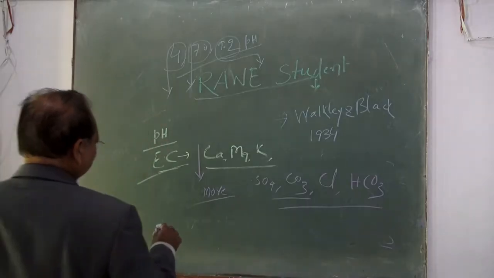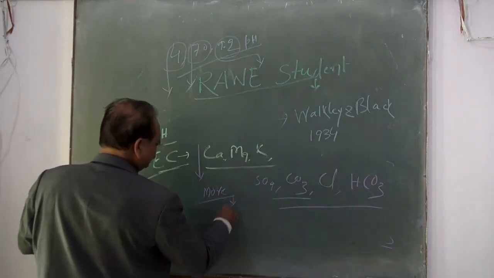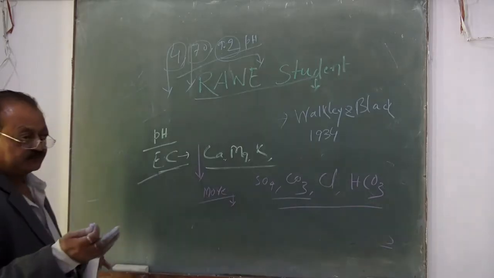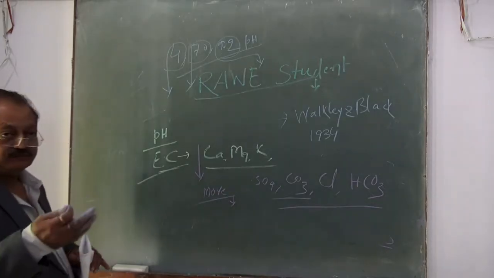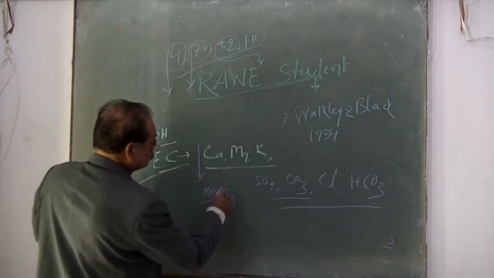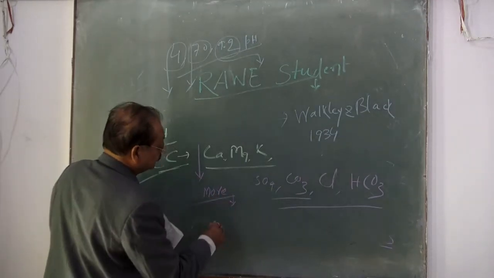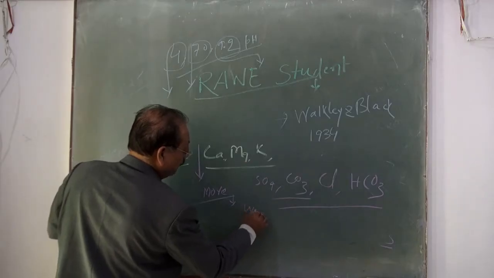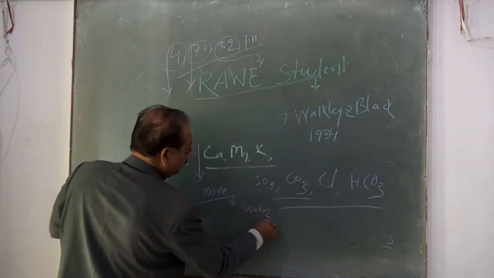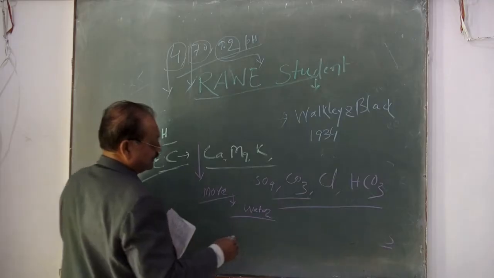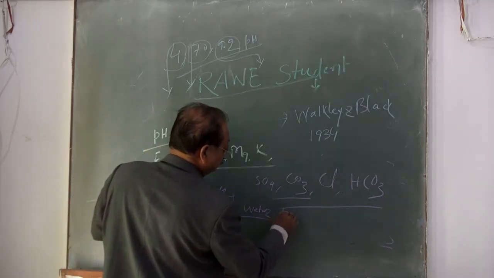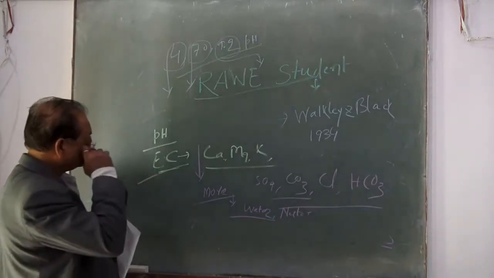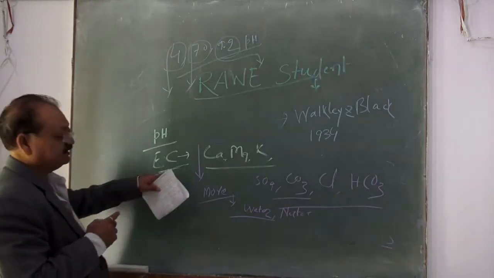And due to the higher osmotic pressure, the plants exert more energy to extract the water or plant nutrients. So that's why the determination of electrical conductivity is required.